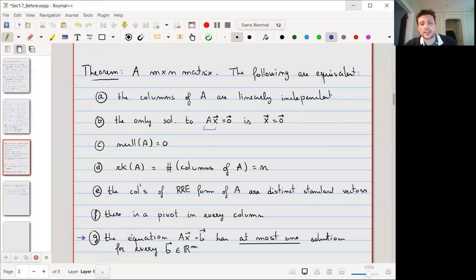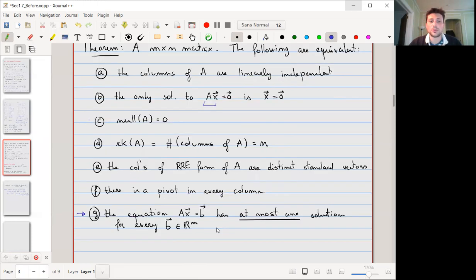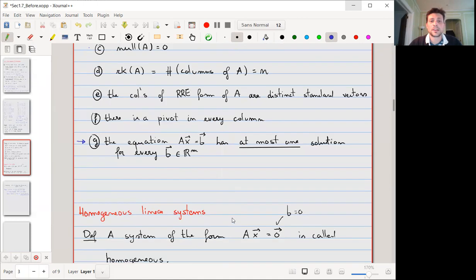When the columns of A are linearly independent, then the linear system AX equals B with any B chosen in Rm has at most one solution. That's something that we haven't discussed in examples quite yet, but it's very important and related to linear independence. When you have linearly independent columns, then you have at most one solution for any linear system.